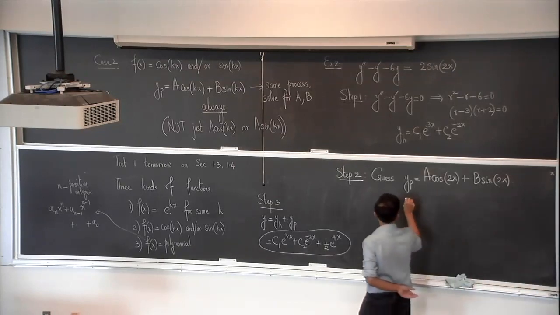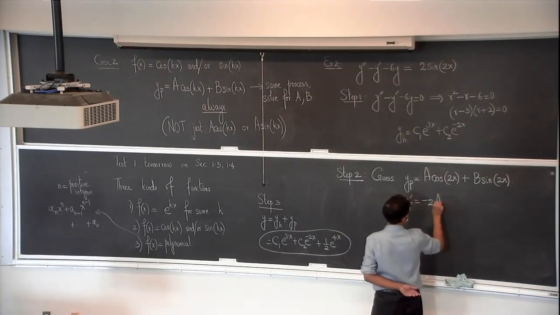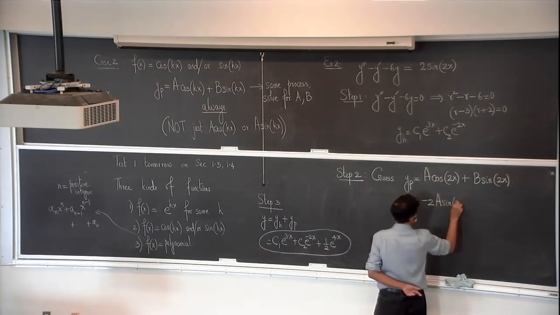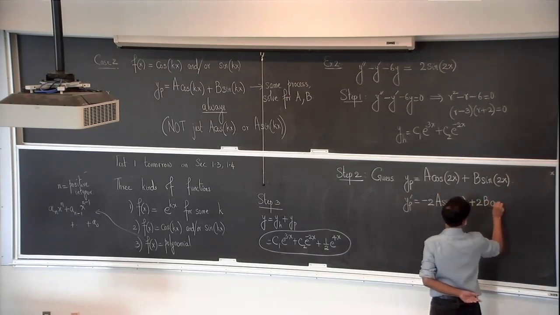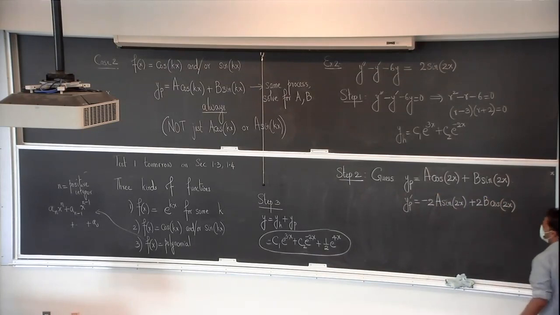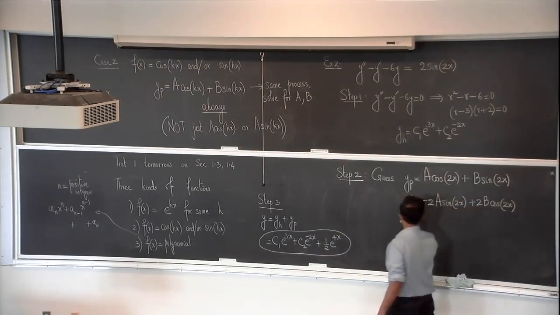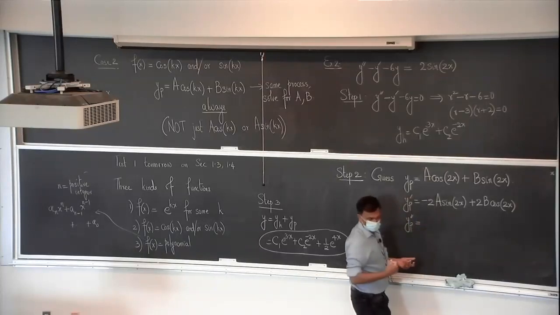All right, so yp prime would be negative 2a sine 2x plus 2b cosine 2x. And yp double prime, take its derivative once more.